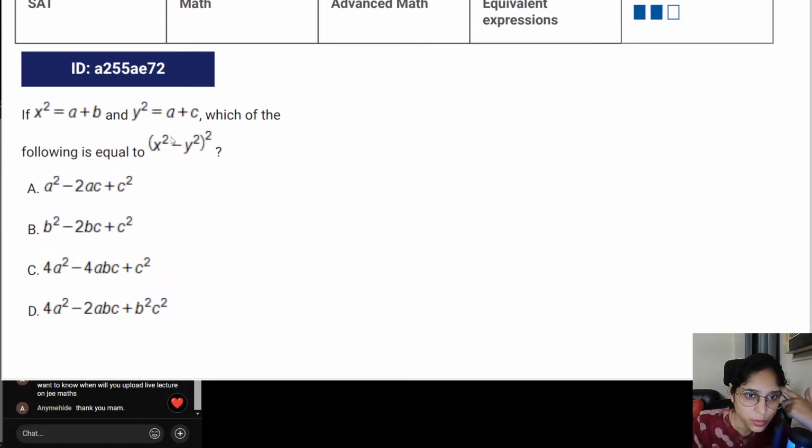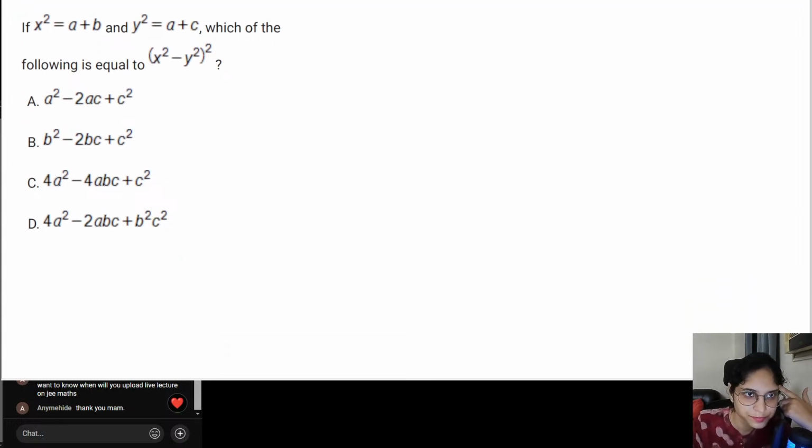Okay. X squared minus y squared whole squared, x squared is given, y squared is given. X squared is a plus b. Whenever there is a negative sign, do not write directly a plus b. Always use parentheses, always use brackets.